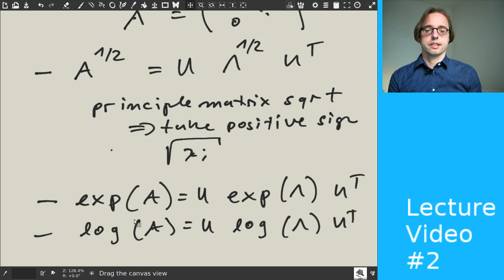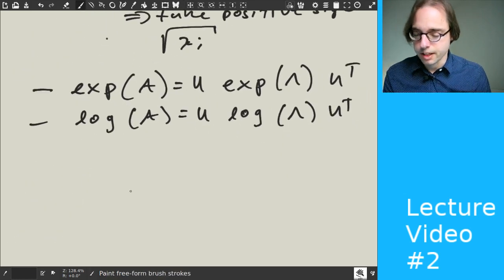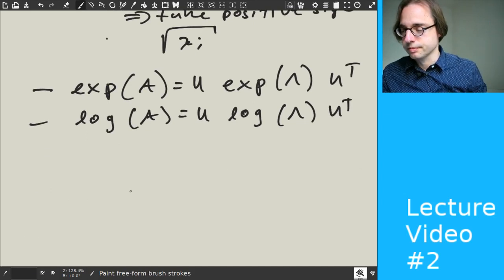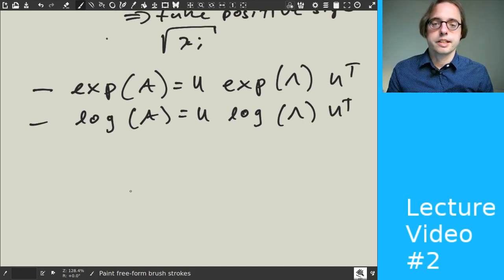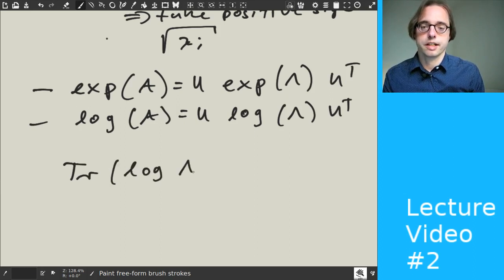And this allows us to connect the dots with trace and determinant. From this we can easily see that the trace of log A is the same as log det A.